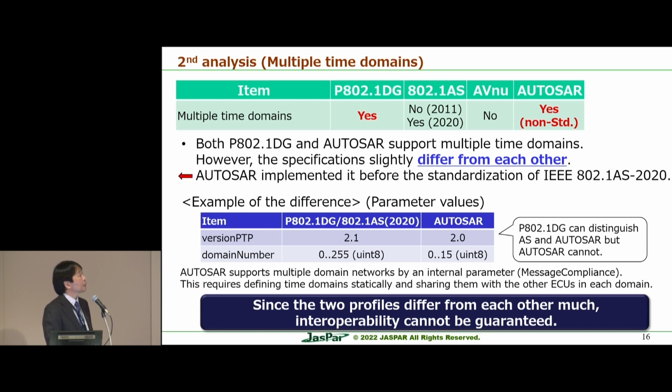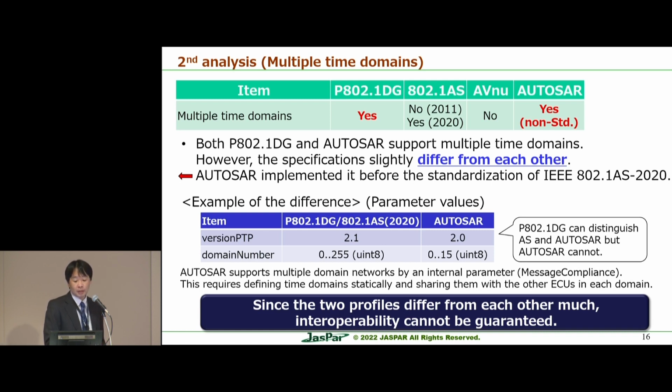Version PTP indicates the version number of IEEE 1588. The version PTP of .1DG is 2.1, but Automotive is 2.0. And the range of domain number differs from each other. The range of DG is from 0 to 255.